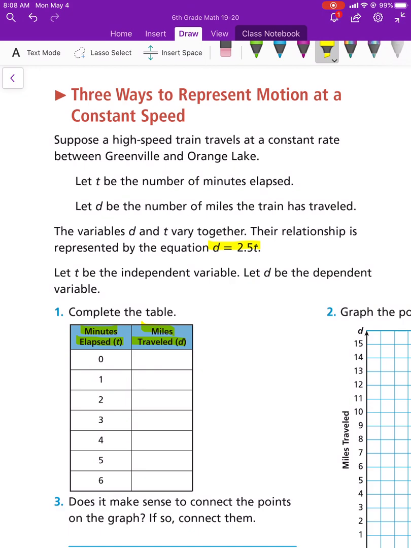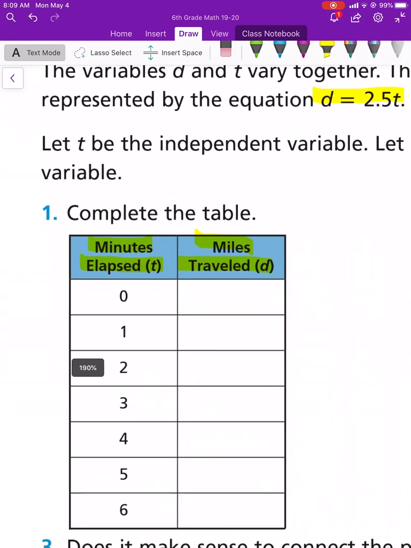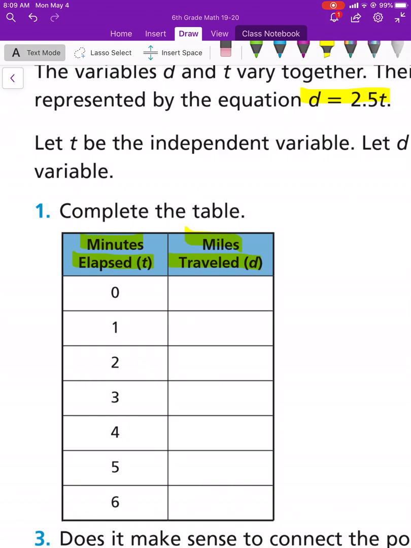So for example, at 0 seconds, there's no distance traveled. But at 1 minute, there was 2.5 miles traveled, right? So let's go ahead and write that into our table, because that's useful information. Let's do it in blue.